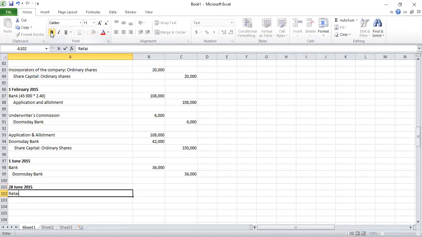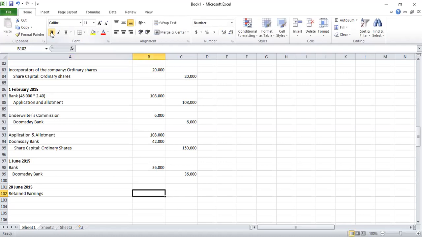A capitalization issue, they also call it a bonus issue. It's an issue of shares for free to the shareholders. So always you debit your retained earnings, and it can only be issued if the retained earnings are enough to cover the bonus issue. Like in this case, the bonus issue requires 136,800, but the retained earnings balance is 500,000. Right.